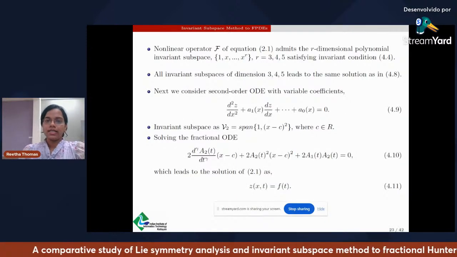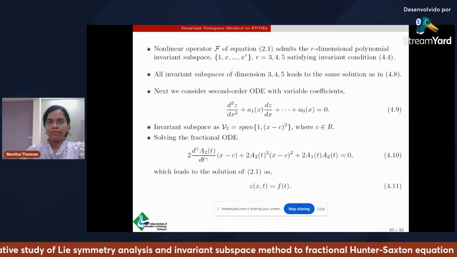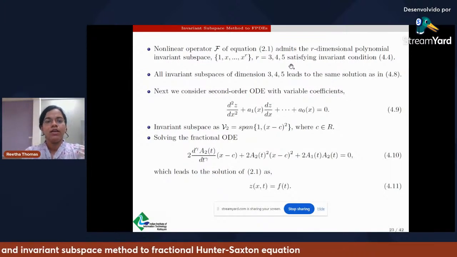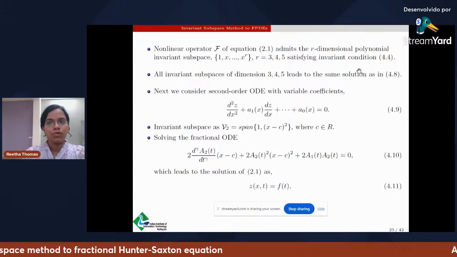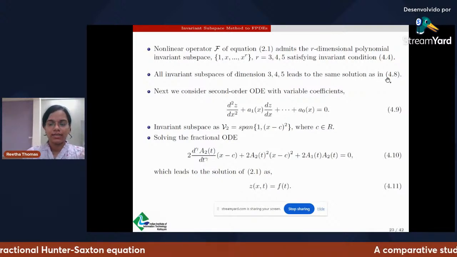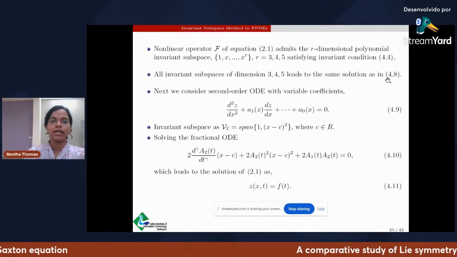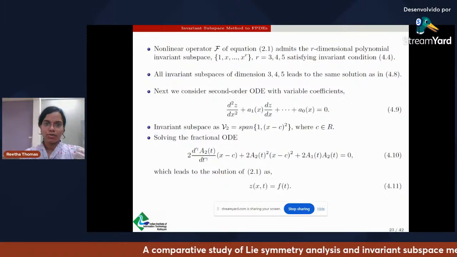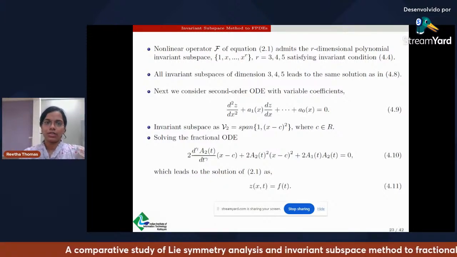Next, we can consider r less than or equal to 5. So for r equal to 3, 4, 5, for this particular equation, we can obtain the same solution as 4.8. The same solution is obtained because all other a_i become 0.